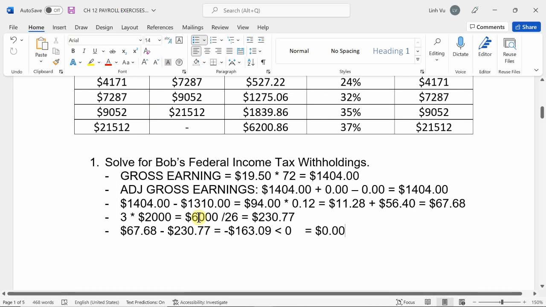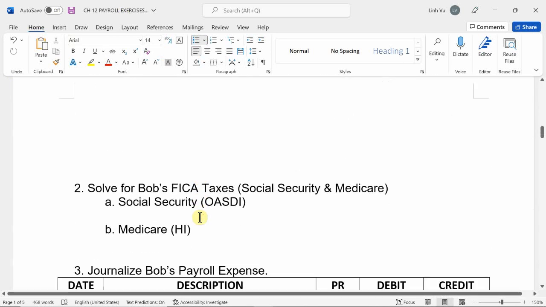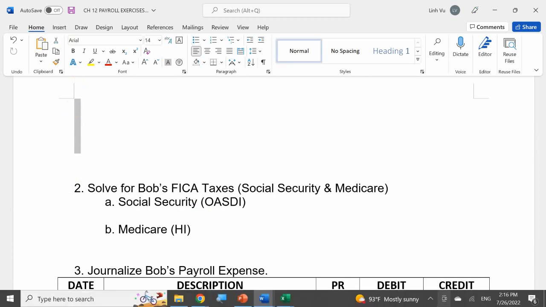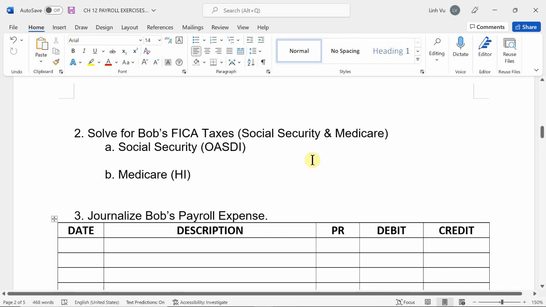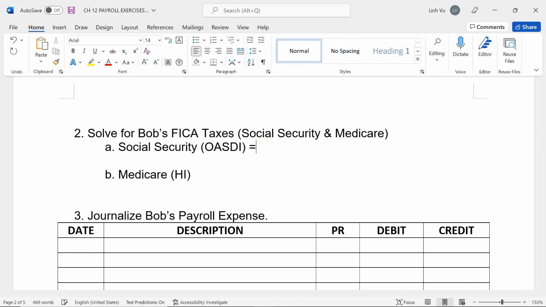So what about his FICA? We have to take money out for his Social Security and Medicare. For Social Security, what percentage am I looking at? 6.2% of gross earnings, which was 1404.